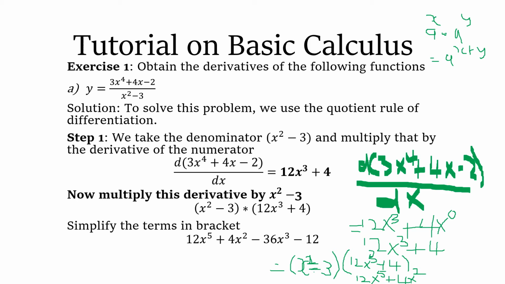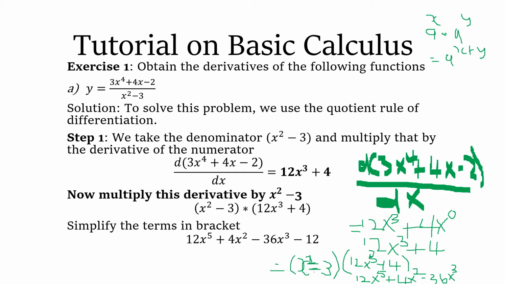So we have minus 3 times 12. That gives us minus 36, right? And then we have our x to the power 3, our small x to the power 3 over there. And now we are multiplying the minus 3 by 4. Minus 3 times 4.